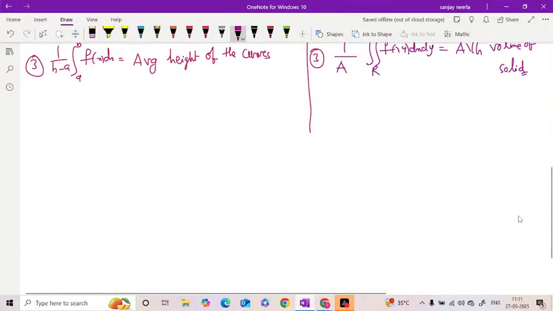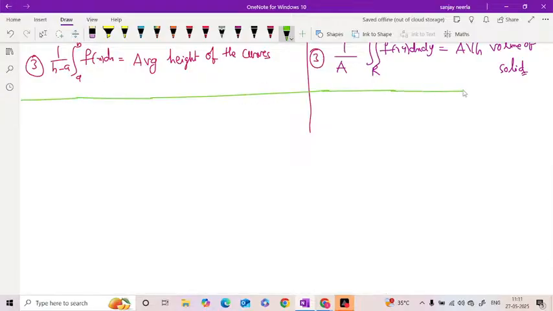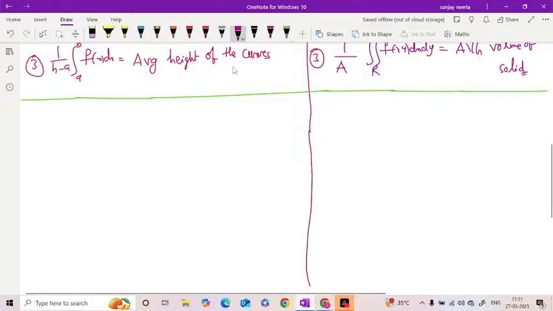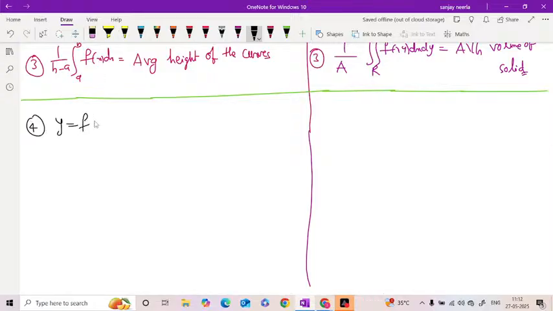Now come to exactly the previous class topic. What was it? Length of the arc. Suppose y is equal to a function of x from x equal to a to b.